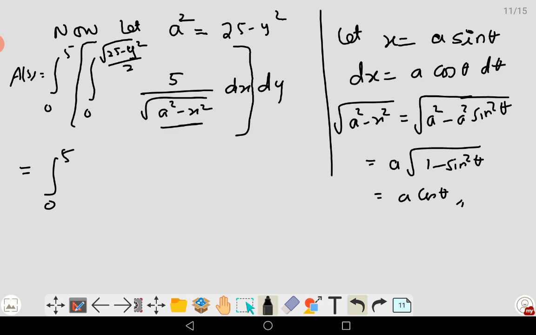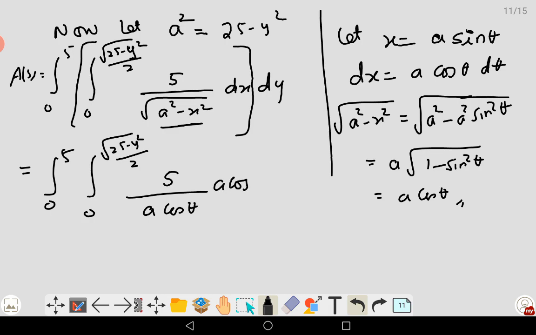Now this integration becomes integral 0 to 5, integral 0 to square root of 25 minus y square over 2, 5 over a cosine theta, and dx is a cosine theta d theta, and the outer integration is y. Okay, a cosine theta can be cancelled.